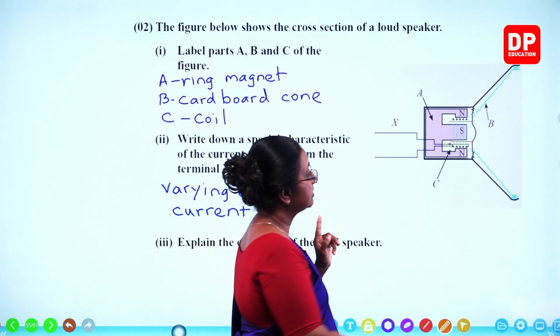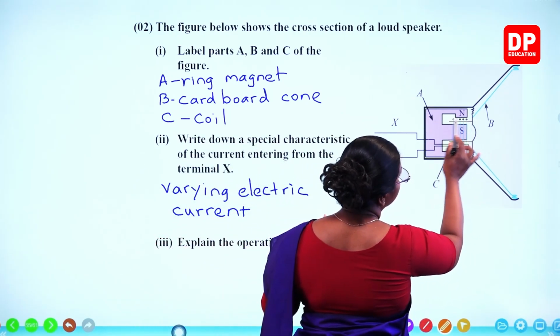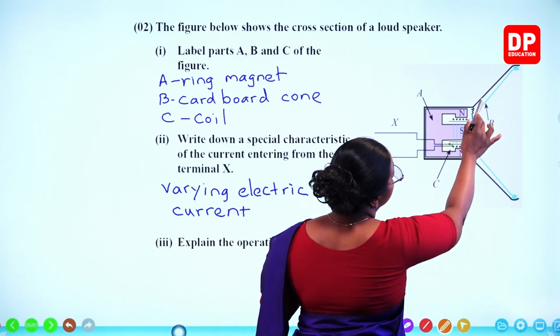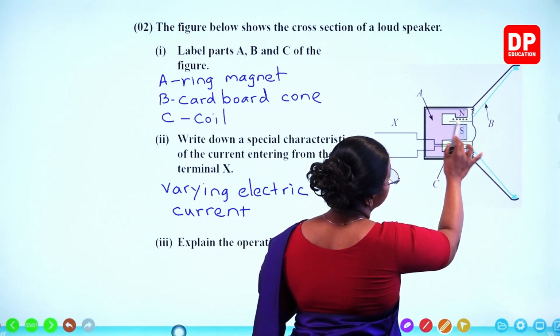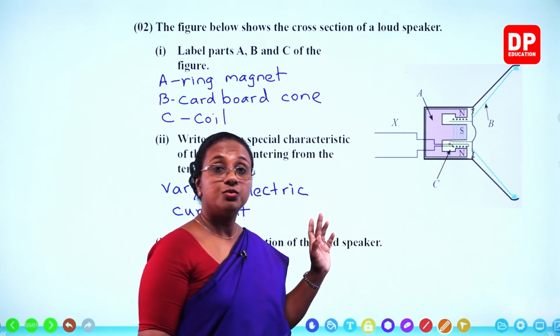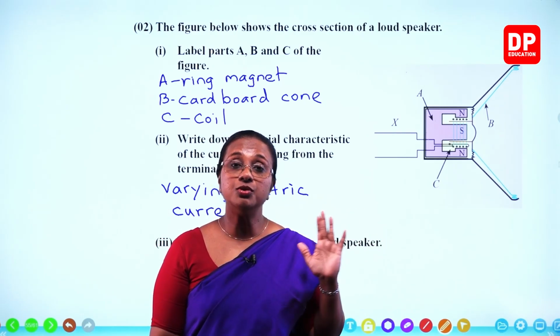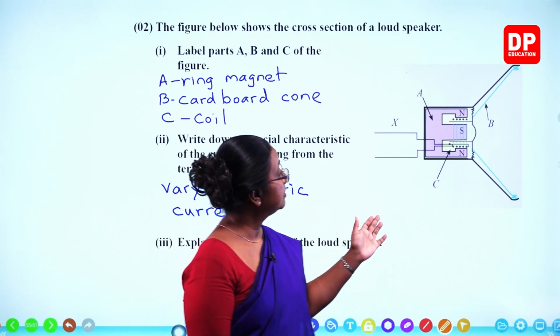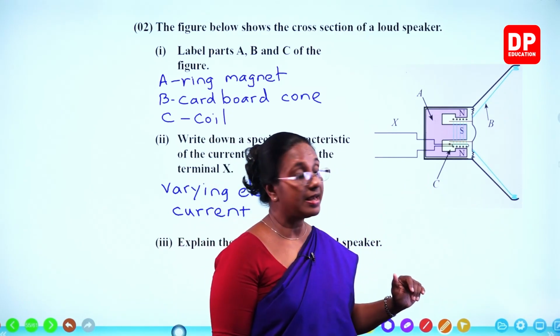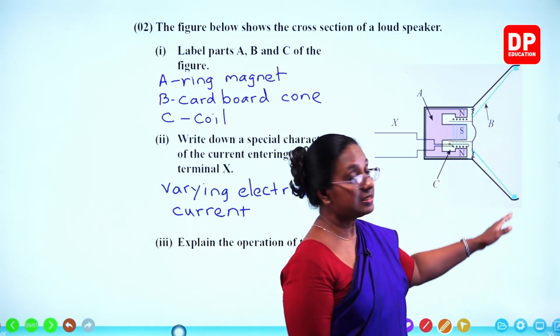And here you can see with these red color components, the cardboard cone is connected to the coil. So, with the coil, the cardboard cone also starts to vibrate. And that generates sound waves. How does that happen? There are air particles here.